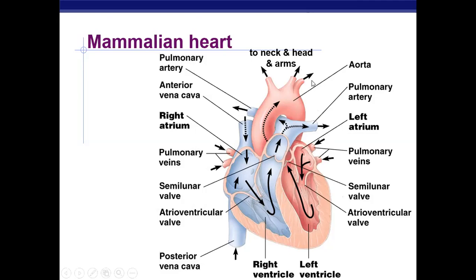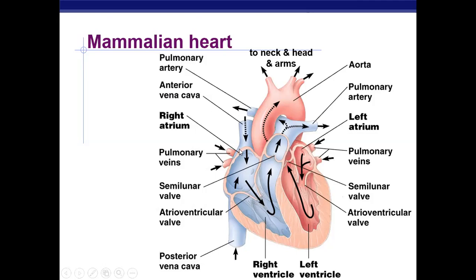And then after it delivers oxygen to the parts of the body, then you can see here, it's coming back to the heart again through this anterior vena cava, and then through the chambers of the heart, and then up through here, and then it's going back out to the lungs to pick up more oxygen here.